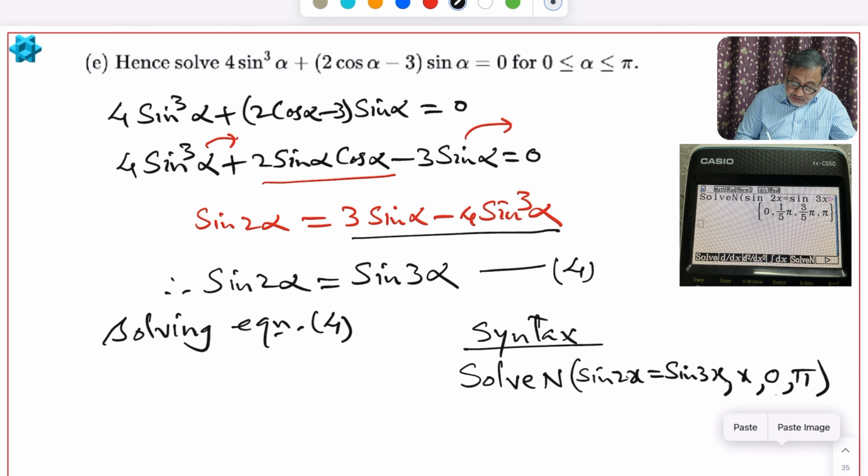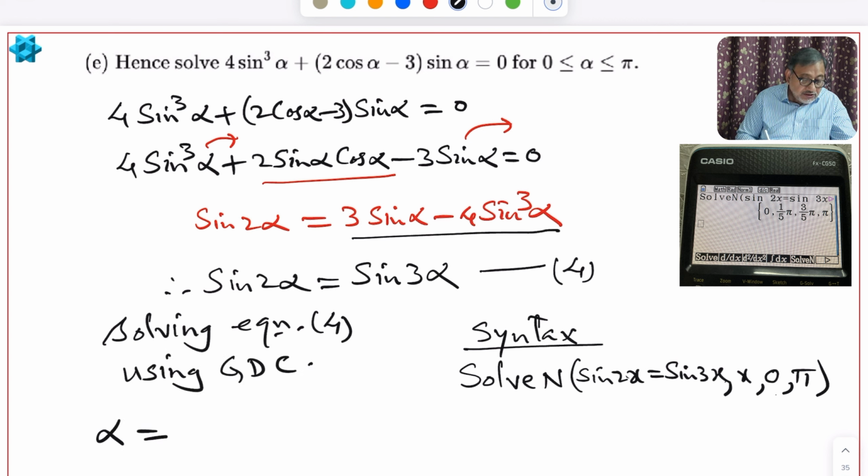So using GDC, alpha is equal to, look here, if you can see in my calculator, right? So 0, then pi by 5, then 3 pi by 5, and then pi.